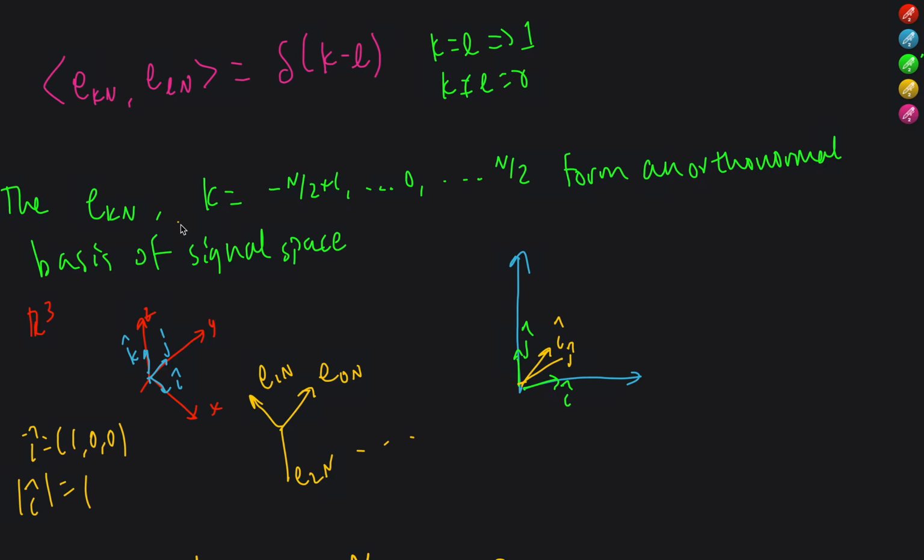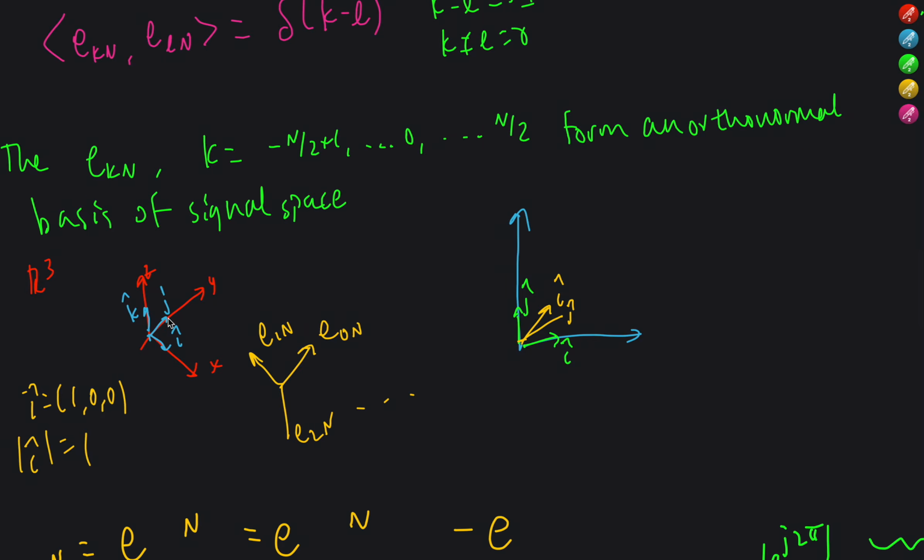All we're doing is taking our signal space and breaking it down. Just like with R3, where we can write everything as a combination of these three vectors, in our signal space we can write any signal as a combination of these ekn's. And that's the big idea.